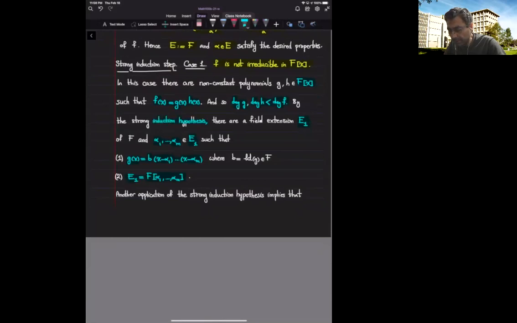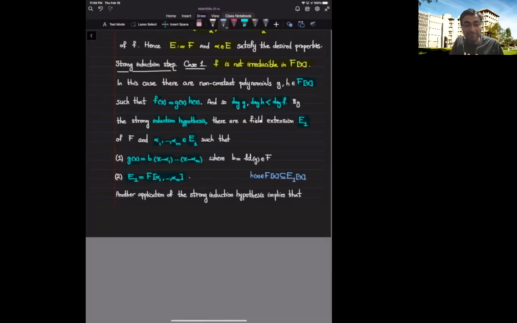Now, next, I'm going to look at h. Notice that h itself is a polynomial with coefficients inside F, but F is a subfield of E1, so I can view this as a polynomial with coefficients inside E1.